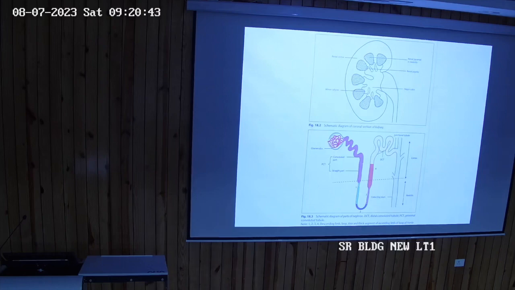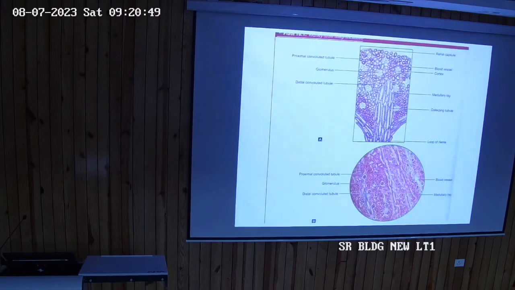Now we will talk about these structures one by one, histologically. Look at this diagram. When we focus the slide of the kidney under the microscope, you will find these structures. This is the cortex part, and this is the medullary part. The cortex part shows a large number of renal corpuscles.